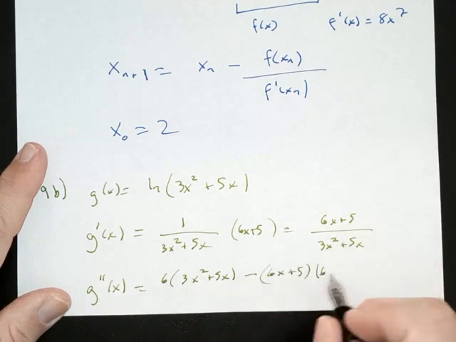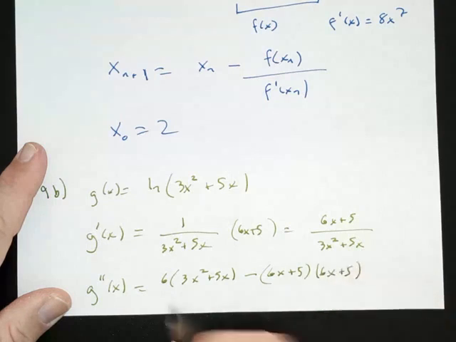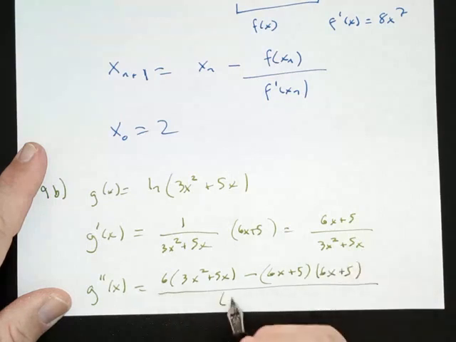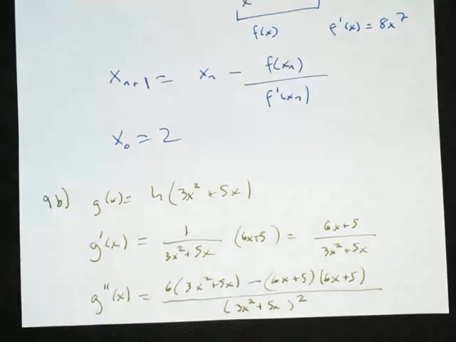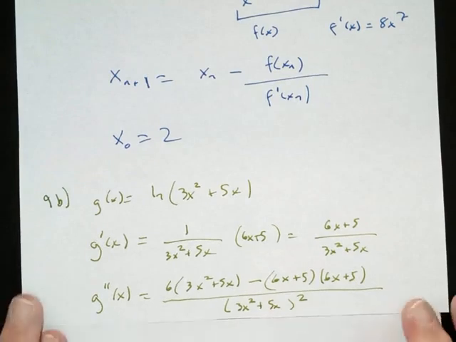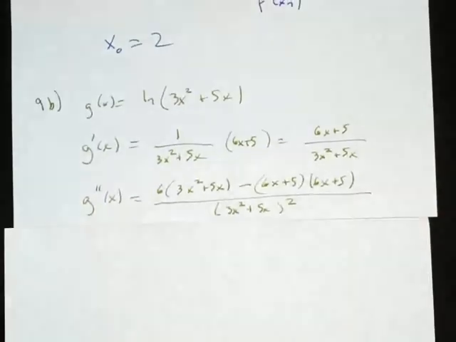The top is the same thing. Over the bottom squared. Were this any other problem, I would stop right here. But I want another derivative, so I better do the algebra to make this next quotient rule easier.